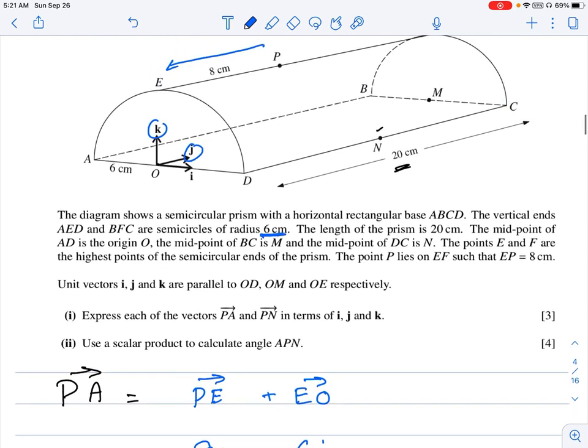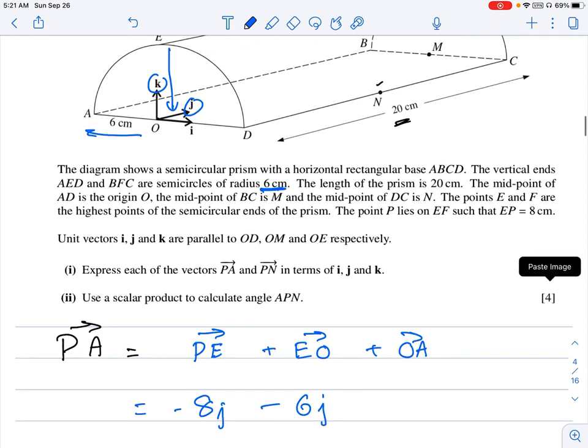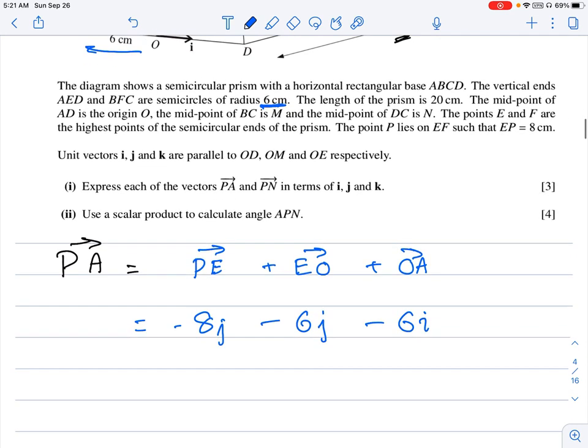Then finally, O to A is going back in the direction of I, so minus 6I. So PA is minus 6I minus 8J minus 6K.